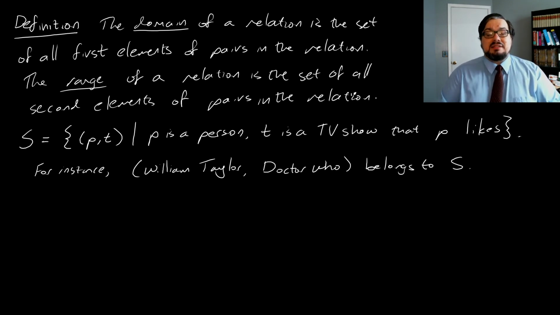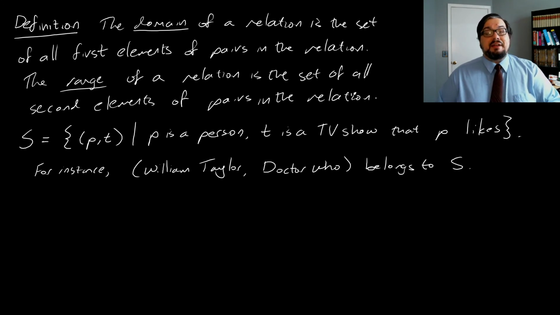However, if you replace this Doctor Who television show with a show that I don't like, and I won't name anything so as not to offend anyone, then you would get a pair that is not in S. And similarly, if you replaced William Taylor here with any person who doesn't like Doctor Who, that pair would also not be in S.